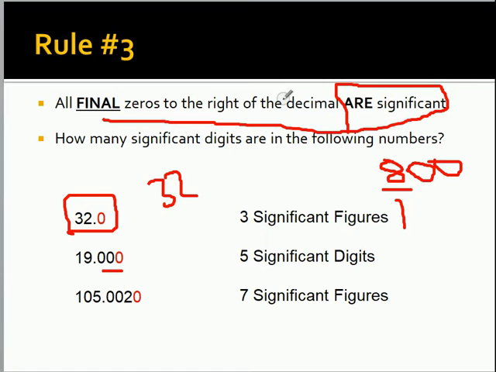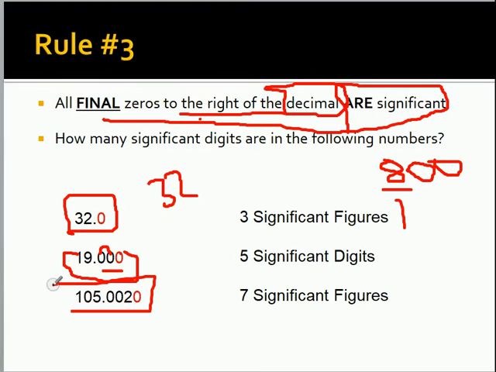Well, you have to see, to the right of the decimal are significant. Here you have a decimal, so this is actually a significant digit, and this 1 is a significant digit. Between these two there are 2 zeros. So that's why we are counting them. And the same case over here. Anyways, that's rule 3 for you.